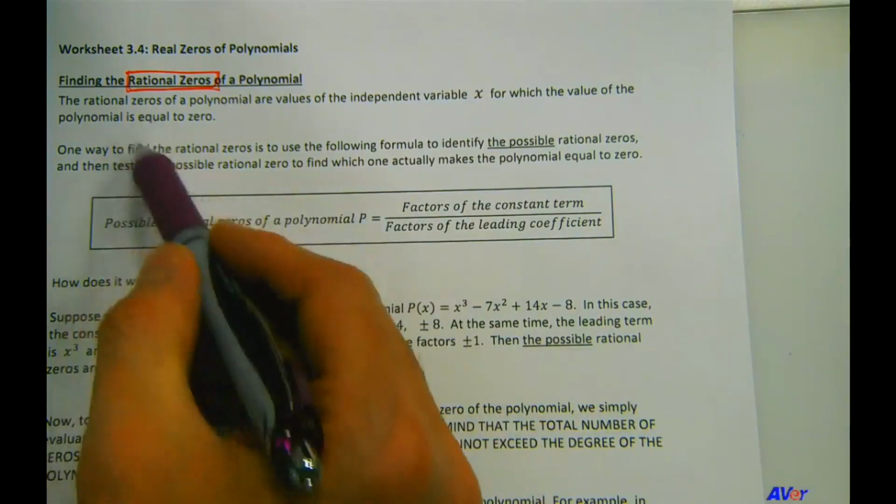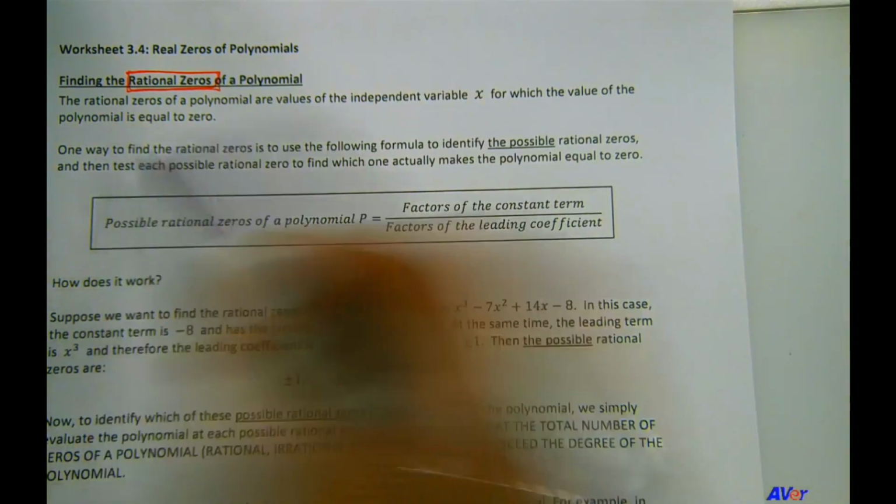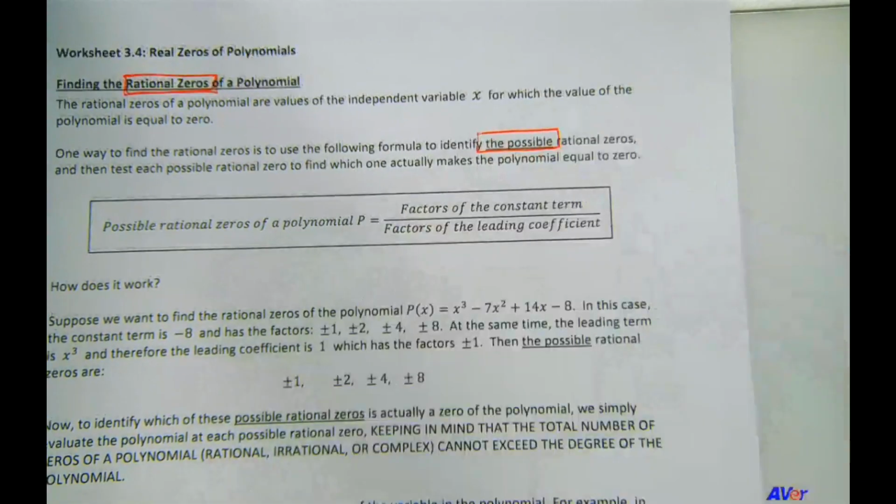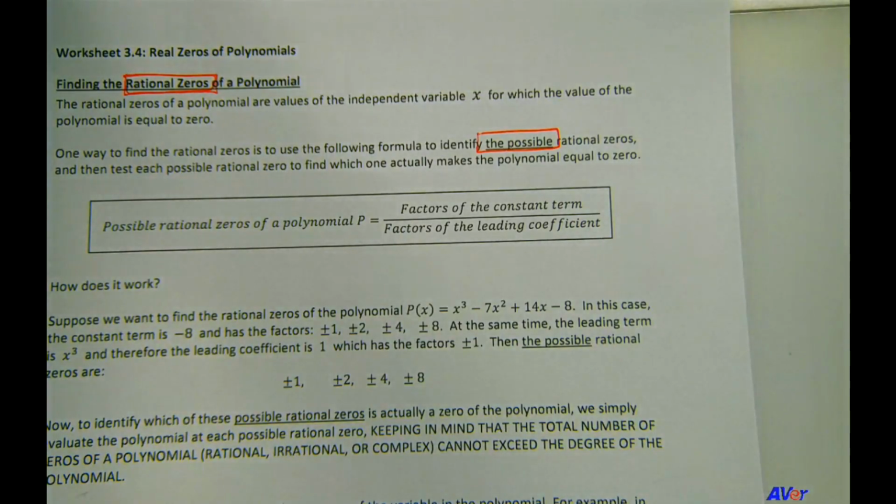So the procedure begins with finding all possible rational zeros. All possible. That means if you have 10 possibilities that could be the zeros of a polynomial, maybe 3 of them will work. There's a way to find 10 possible candidates for the zeros, but out of that 10 or 8 or 5, maybe 3, 4, or 2 will work.